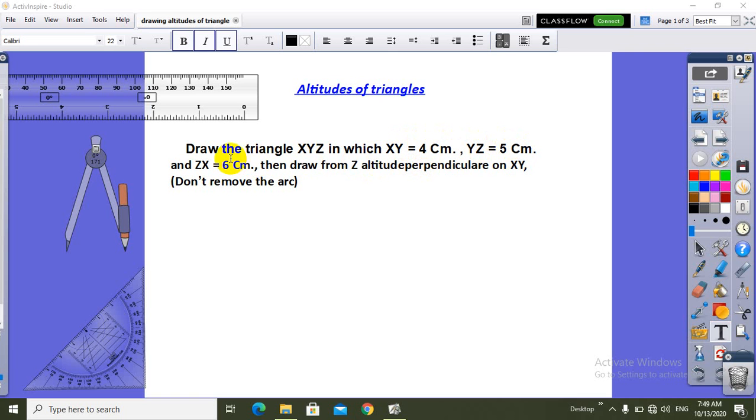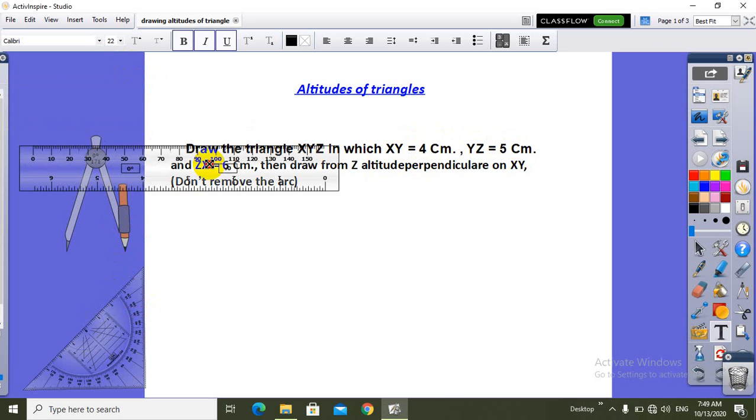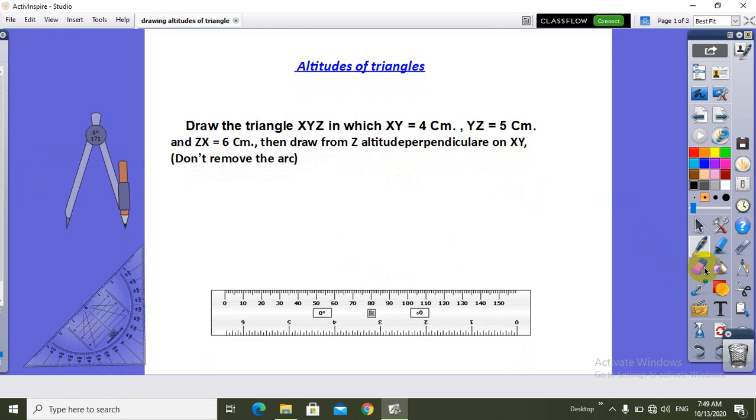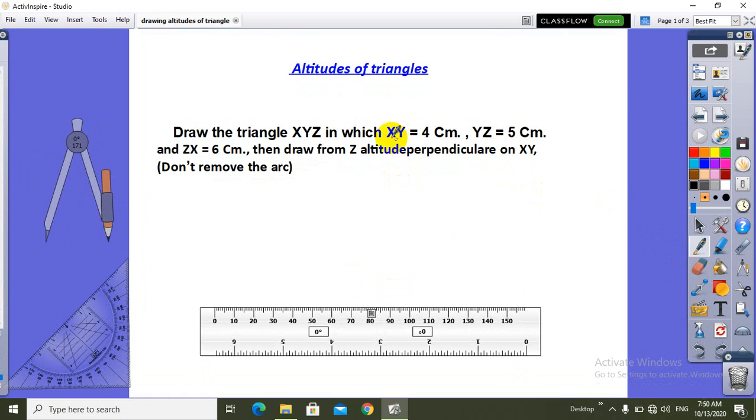At first, I will prepare my tools: ruler, pencil, compass, and set square to draw the perpendicular. I will use the ruler to draw the first side. By using the pencil, I want now to draw this XY equal 4 cm.